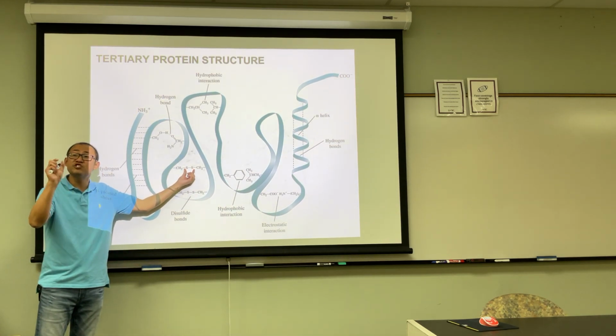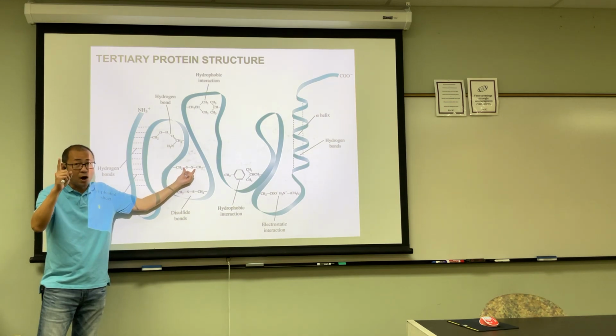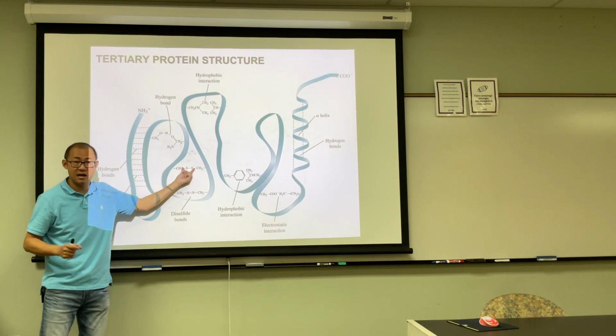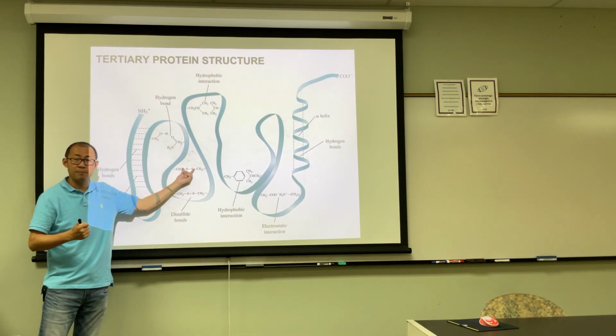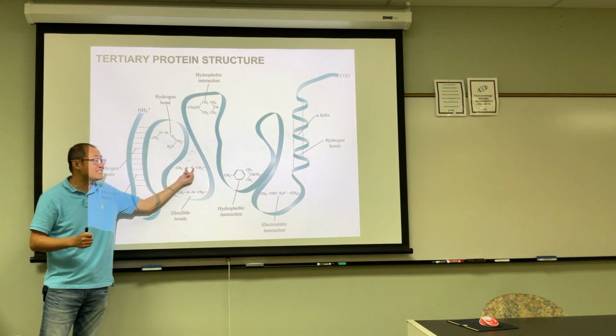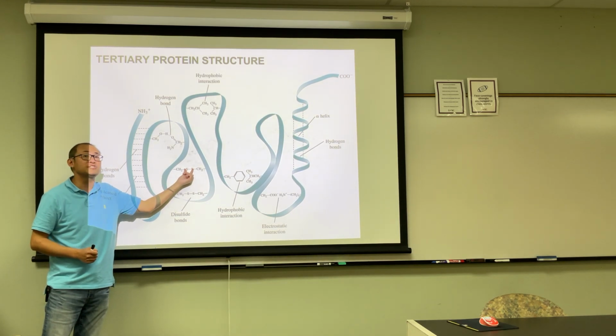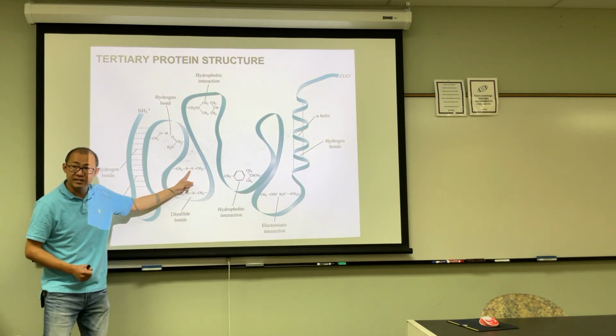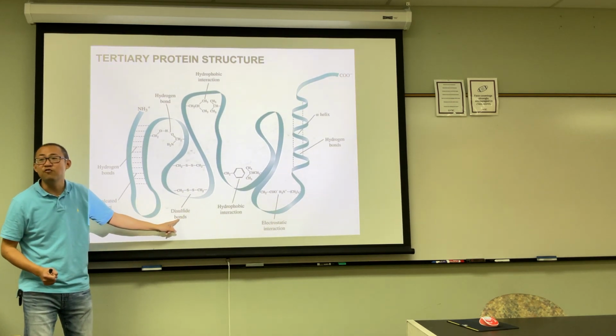Next, if you have 2 sulfur side chains, remember there's only one amino acid that has what? SH, that is cysteine. We saw that earlier in the chapter. If you have 2 sulfurs on the side chains, then these 2 sulfurs can make a covalent bond linkage. We call this linkage disulfide linkage.